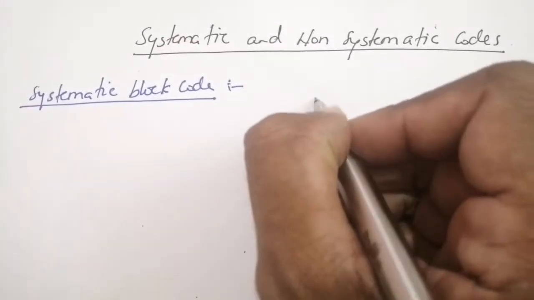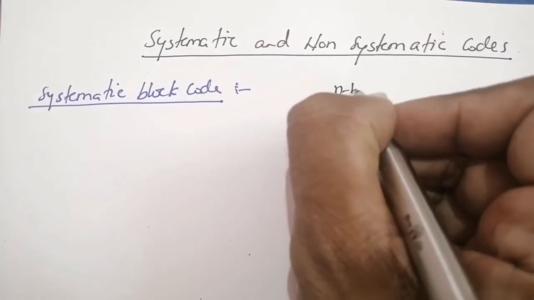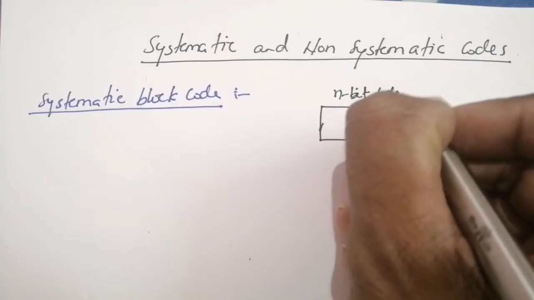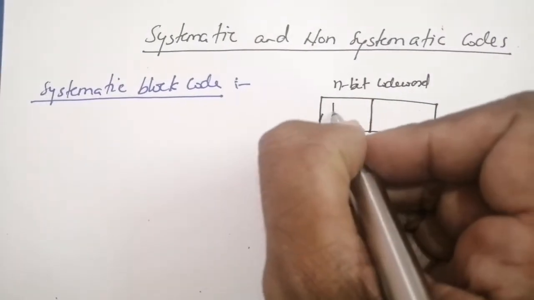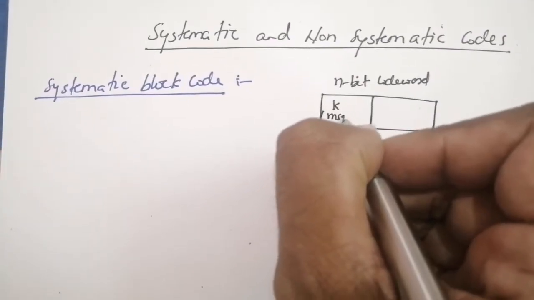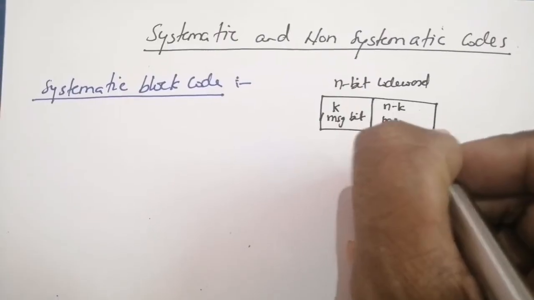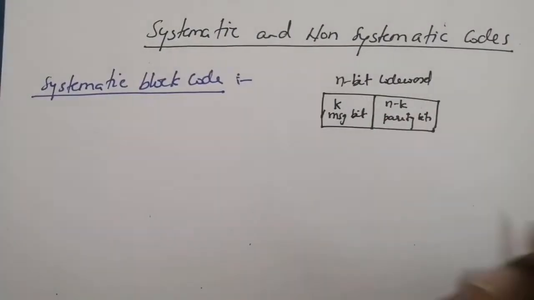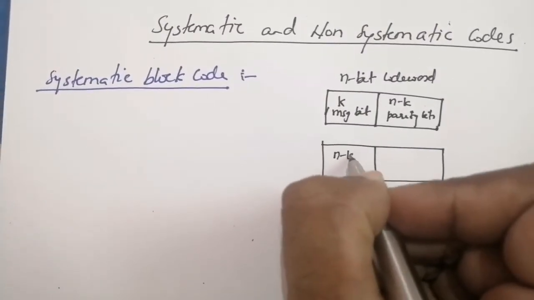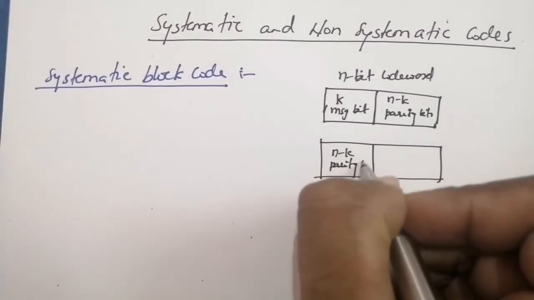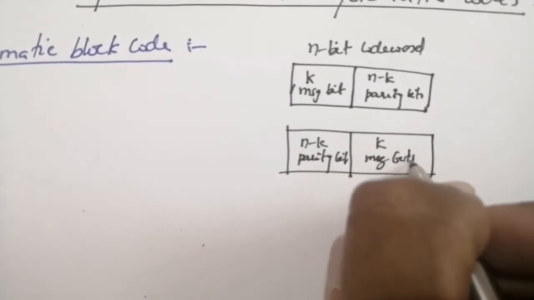That is, consider an n-bit code word: we have k message bits followed by n-k parity bits, or something like n-k parity bits followed by k message bits.